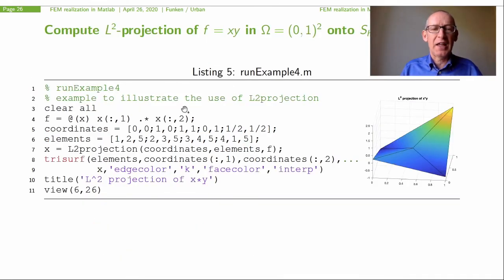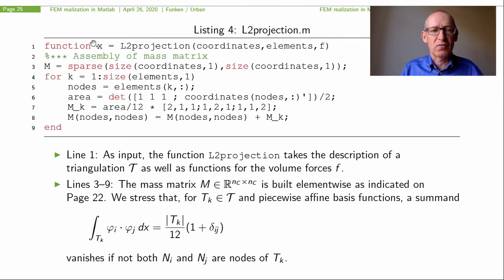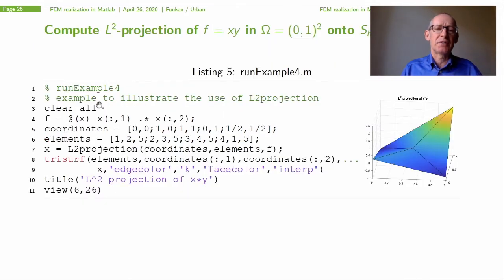Okay, and I guess this is everything. The L2 projection is given here, and some program to run the example is simplified here, but I guess we do a small Matlab session right now.